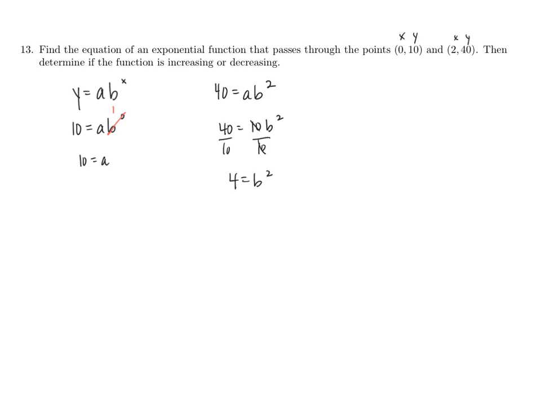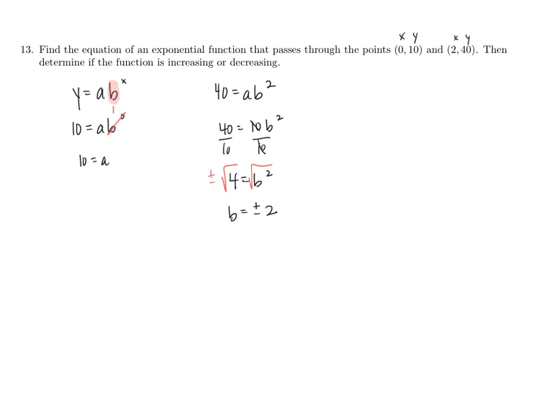And then if I take the square root, don't forget the plus or minus, I'm going to get b equals plus or minus 2. Okay, so now we have a choice for b. B can be 2 or b can be negative 2. But remember that when you're dealing with an exponential function, your base needs to be positive.